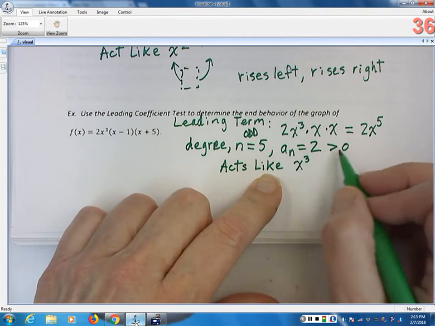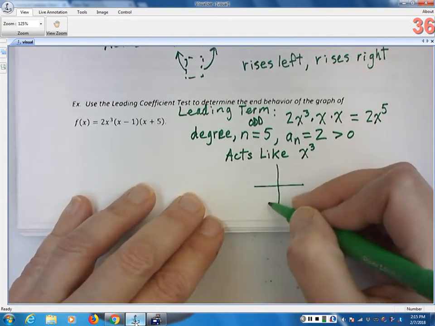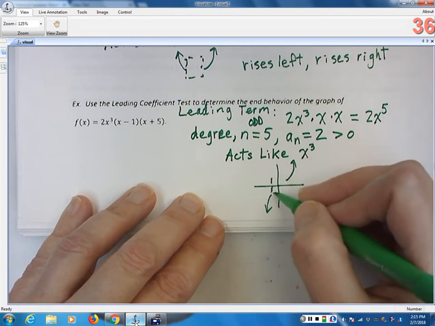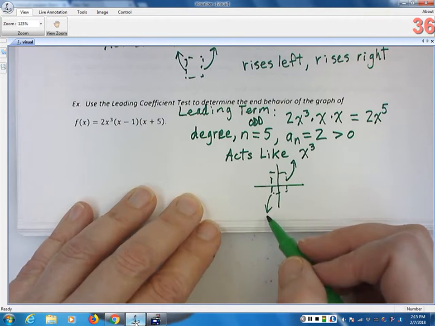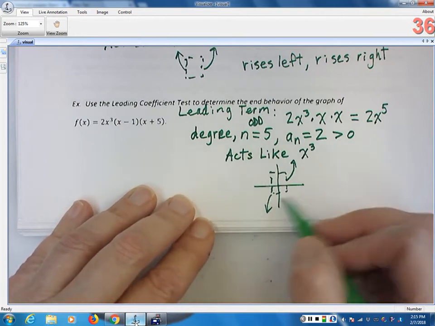And that's positive x cubed. So we draw the picture, and then we have a box in here. We don't know what it's doing in there, but the end behavior is that it falls left, rises right.